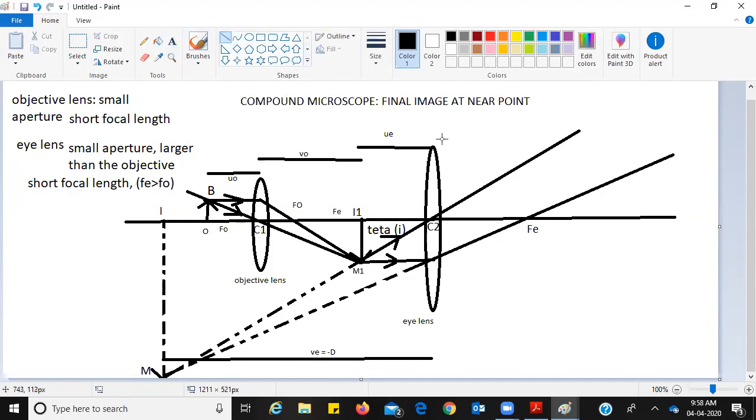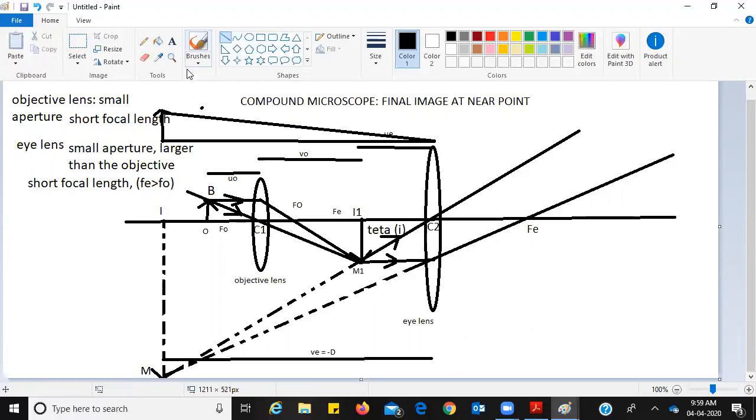Take OB, take the object to the near point. I'm drawing a line here. I don't have space down. So this is the distance D, right? The same distance. Then the object should be transferred to that point. Object is transferred here. Then you draw the line from C2 to that point.